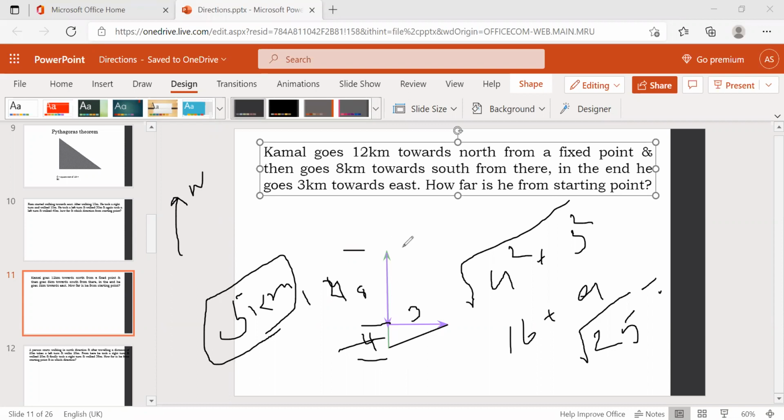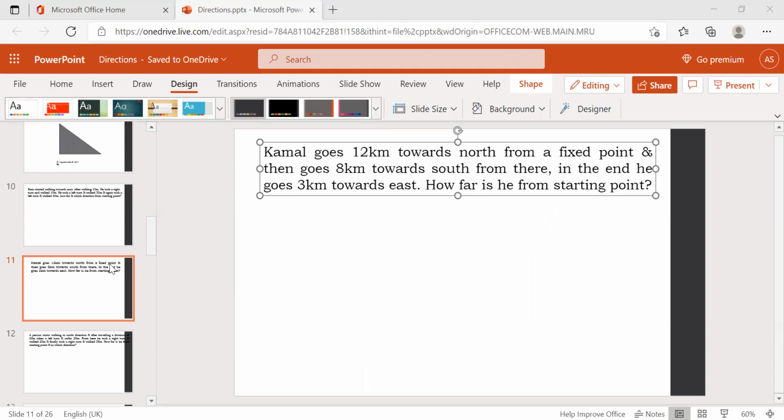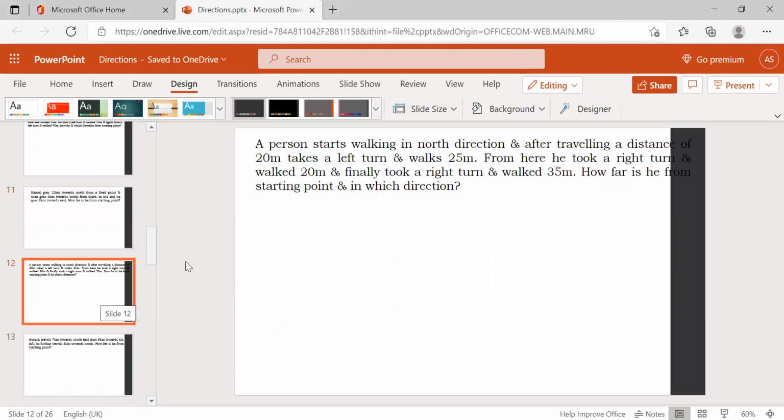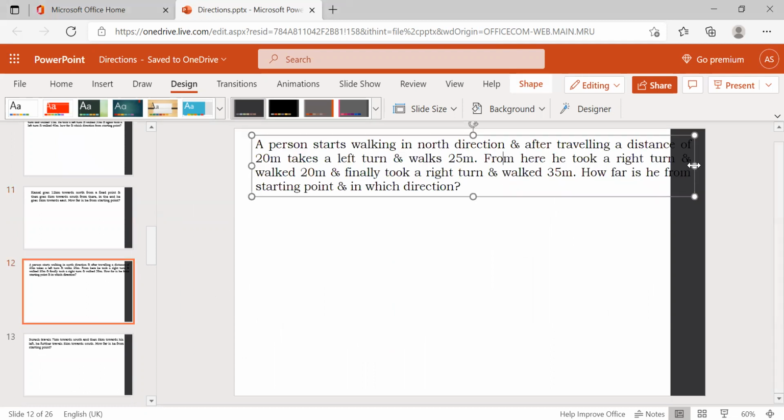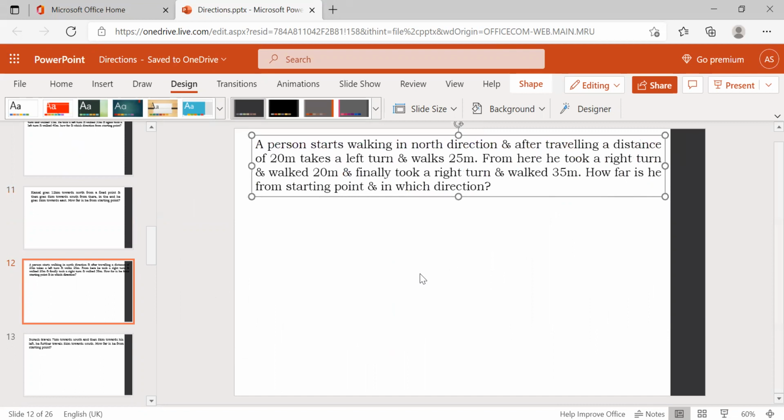So 12 kilometers total, 8 kilometers he comes back, and the remaining is 4 kilometers. And from there, to the side 3 kilometers. So root of 4 square plus 3 square is nothing but 5. Okay, so this is the Pythagoras theorem. Now, try to solve this.